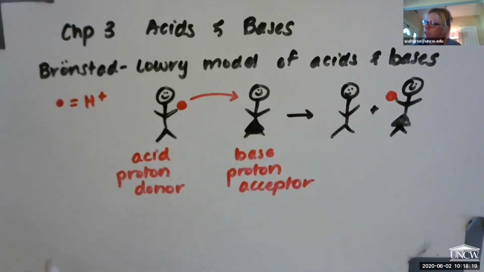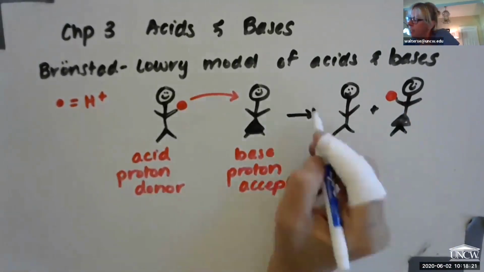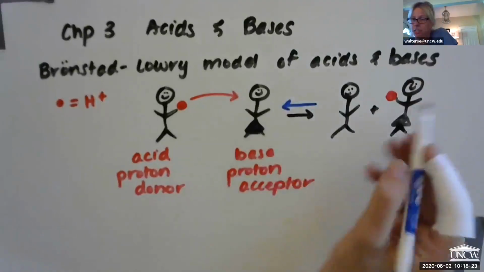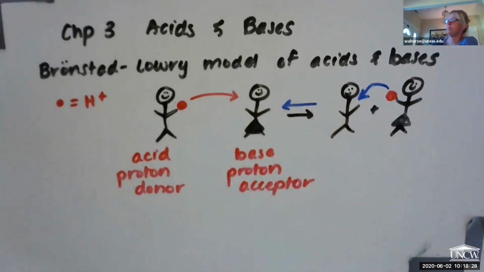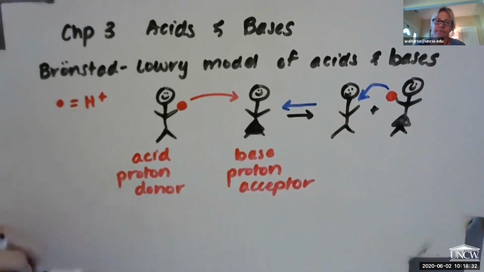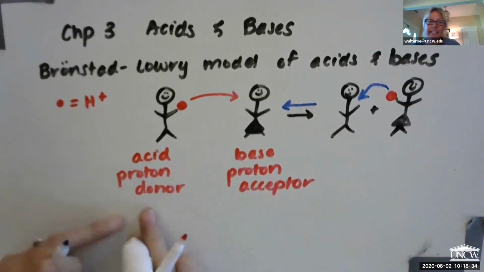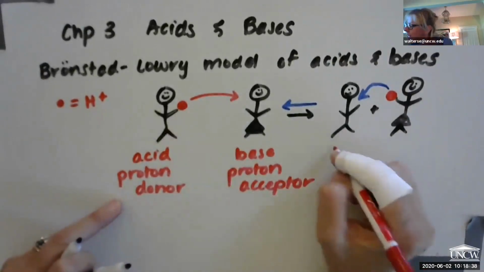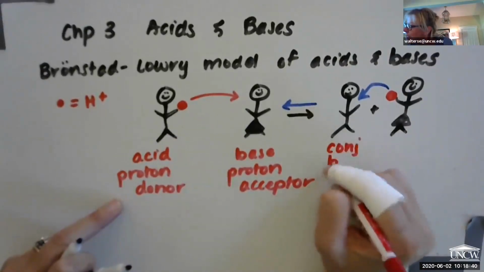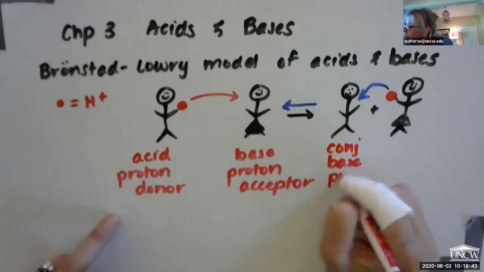So in the reverse reaction, that's going to go in this direction. She throws the ball back to him. If on this side he is the acid and the proton donor, on this side he's the conjugate base, proton acceptor.